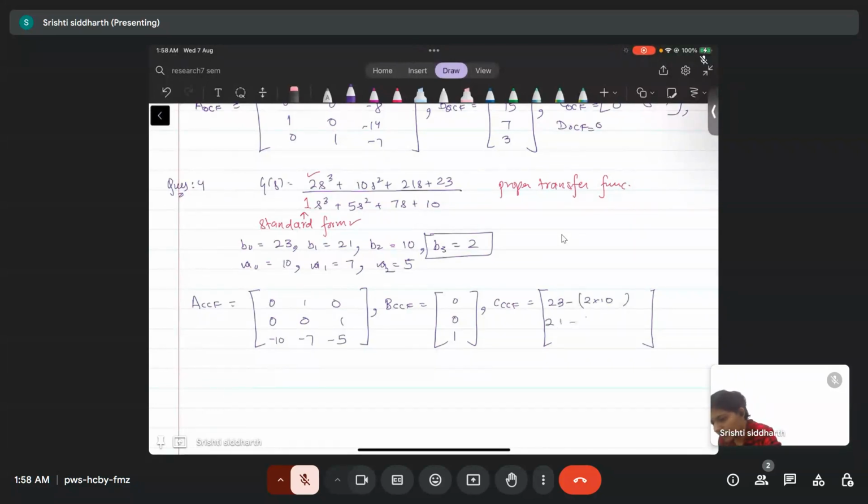Okay. So this is going to be a row vector. So this is 3 and then we have 0 here. This is 21 minus 14, so 7. And then DCCF is always 0.